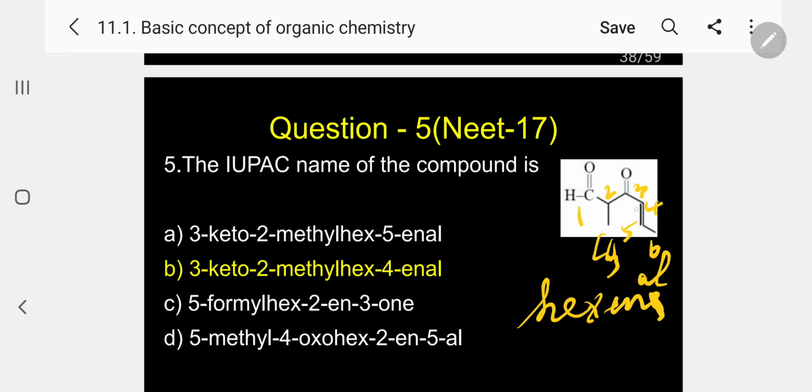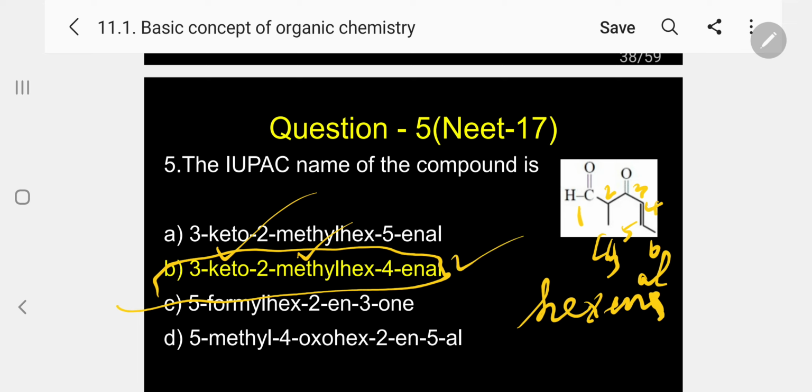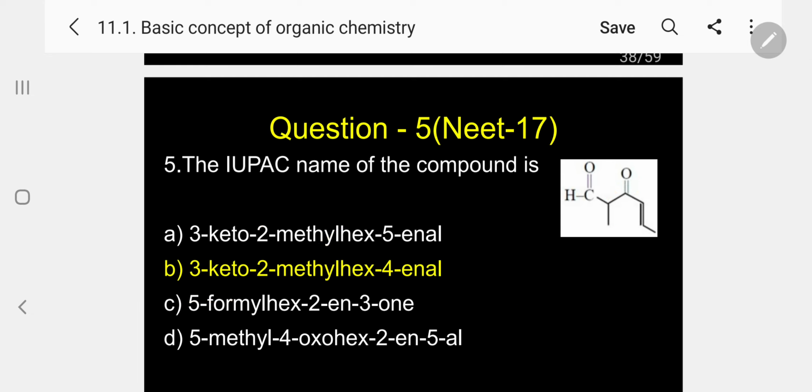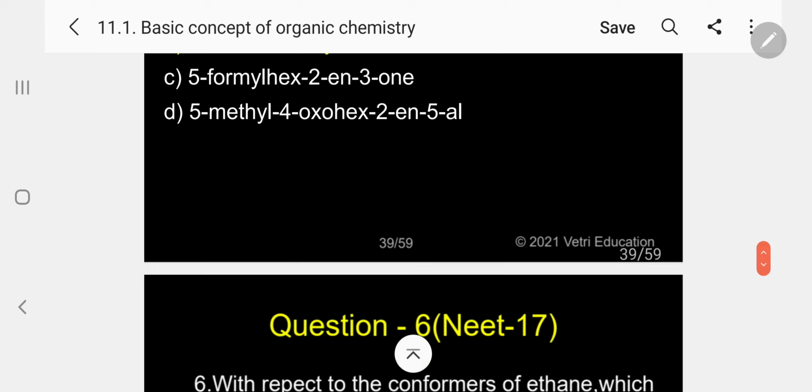So now just see, the correct answer is B. 3-keto, 2-methyl, hex-4-en-al. If you want to specify, you can write 1-al, there is nothing wrong, but the 1 is not necessary. So this is the way we have to name the compound. That's why you have to memorize the seniority table.